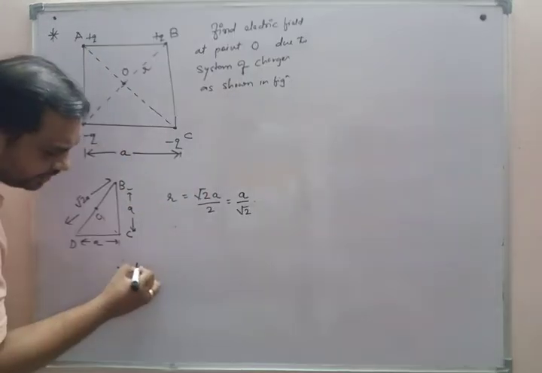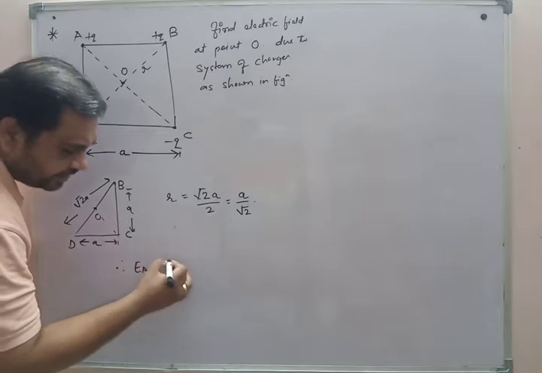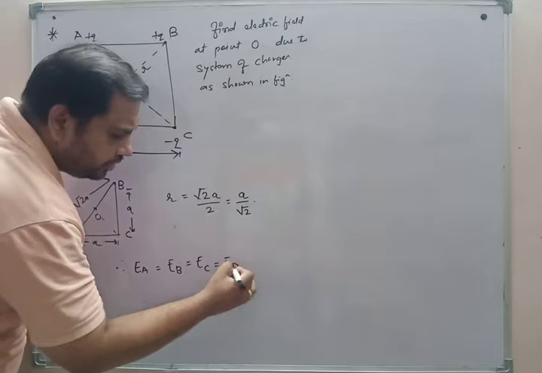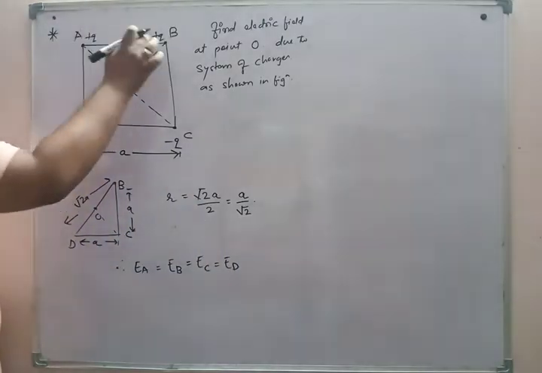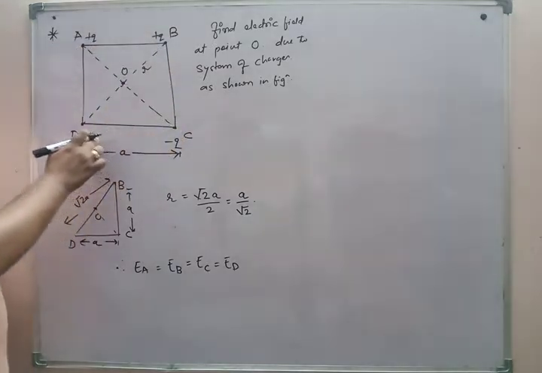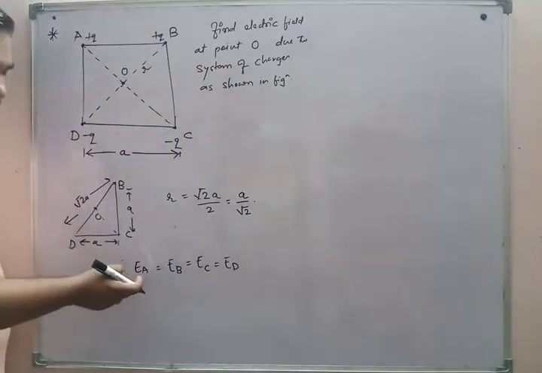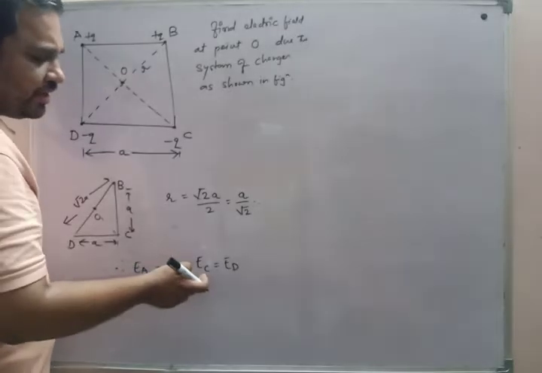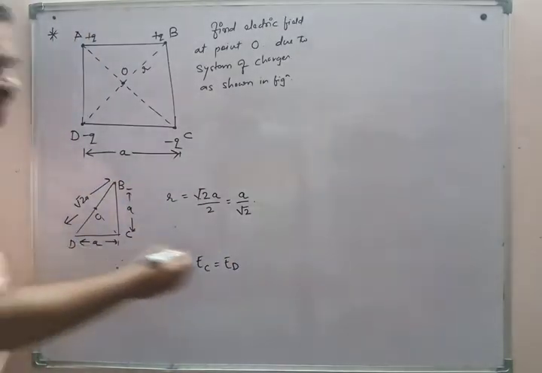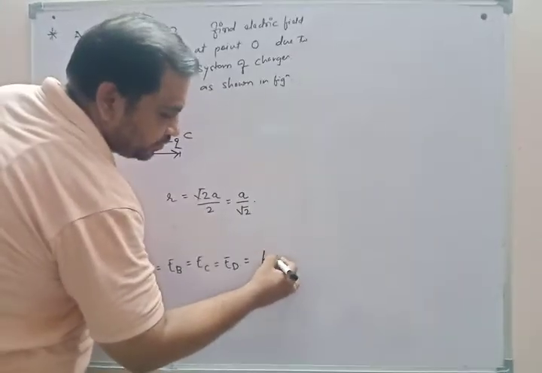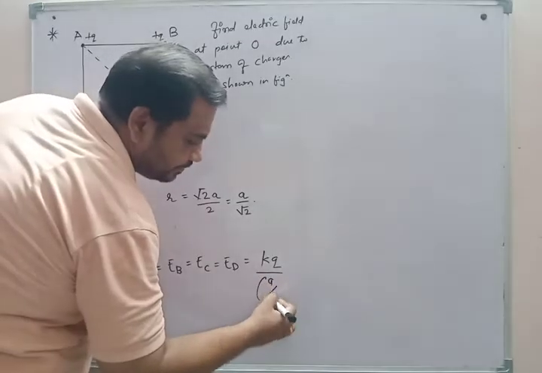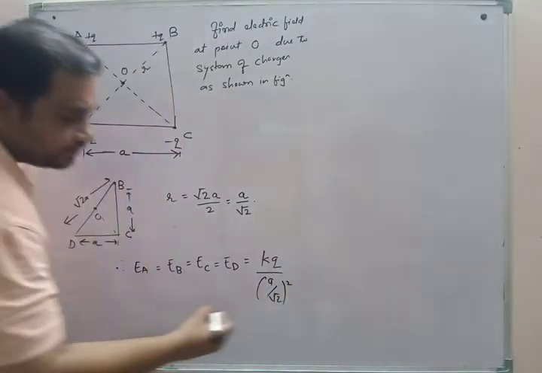So the magnitude of electric field at O due to the charges at A, B, C and D, which we note as EA, EB, EC and ED, are all equal to kQ divided by the square of the distance, that is a by root 2 the whole square.